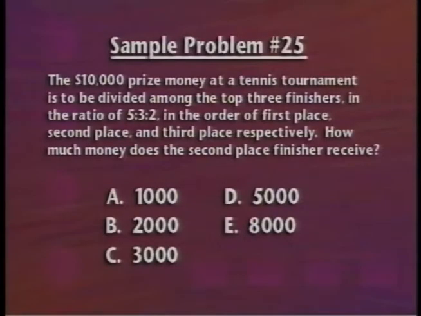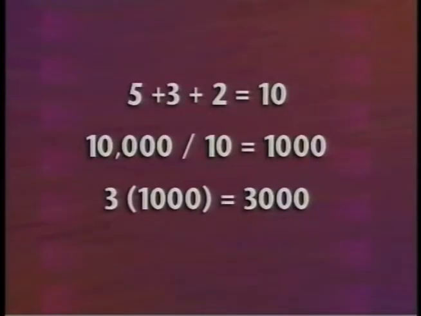The $10,000 prize money at a tennis tournament is to be divided among the top 3 finishers in the ratio of 5 to 3 to 2, in the order of first place, second place, and third place, respectively. How much money does the second place finisher receive? To solve ratio problems, let's add the number of parts in the ratio. 5 plus 3 plus 2 equals 10 total parts.